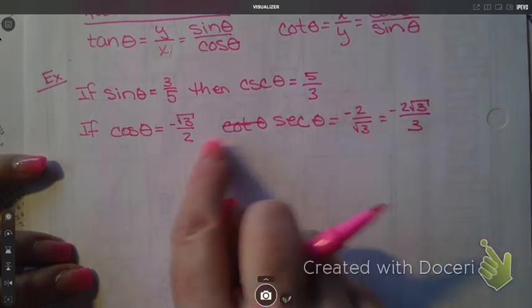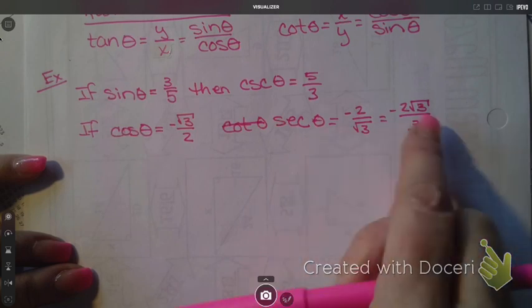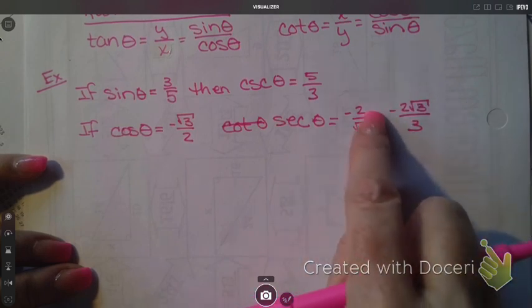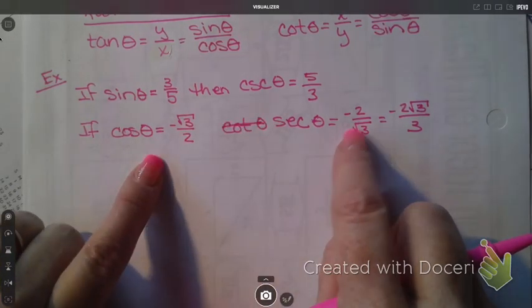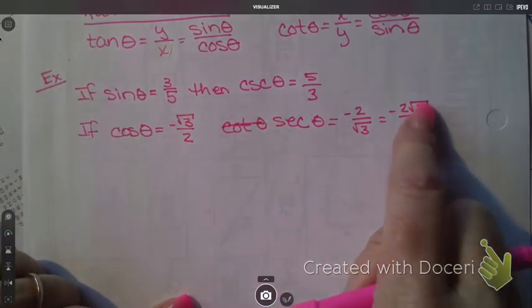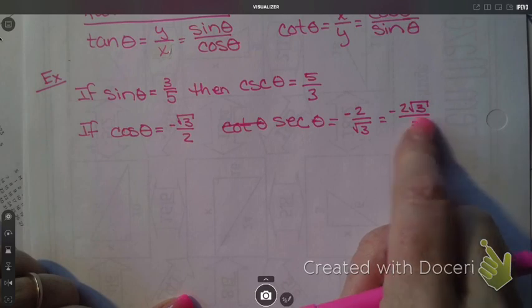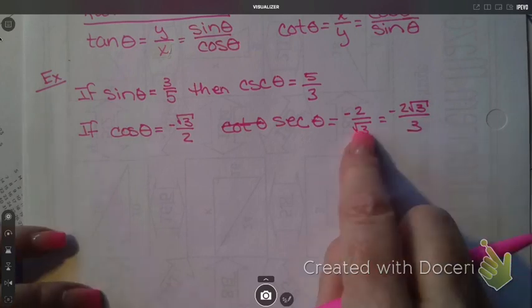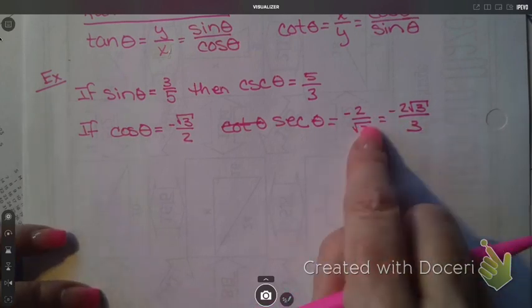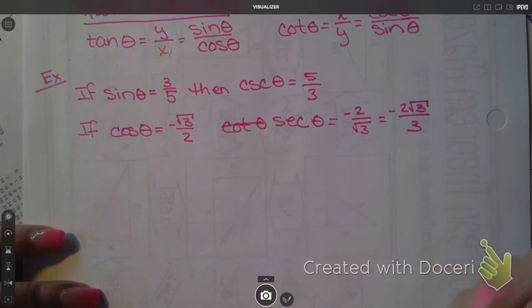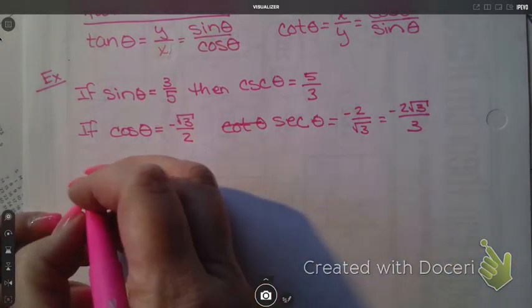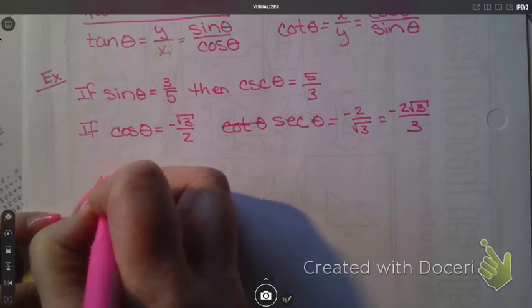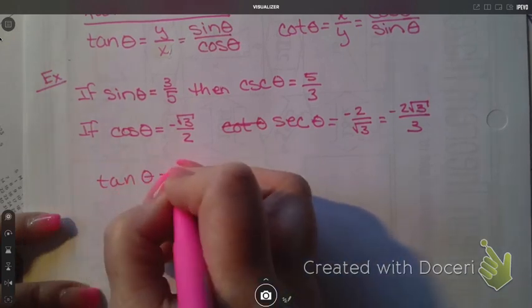Now, when I do these, I do write them. If I'm going to have to rationalize it, I write it first, because if I went from secant to cosine, I wouldn't want to reciprocate this, do you? No, because then you'd have to rationalize it. So if you just write the unrationalized and then do it, make sense? Do I have to write the if and then? No. Okay. So tangent of theta is 2.